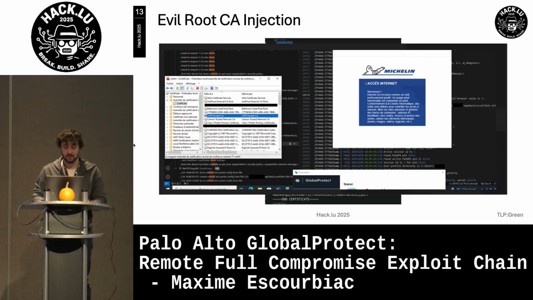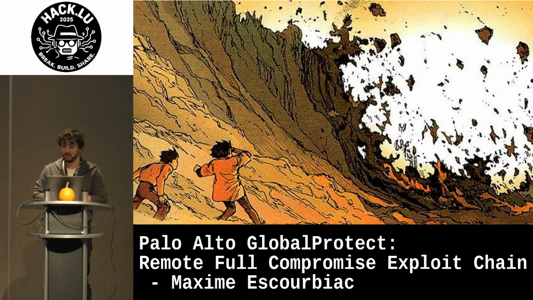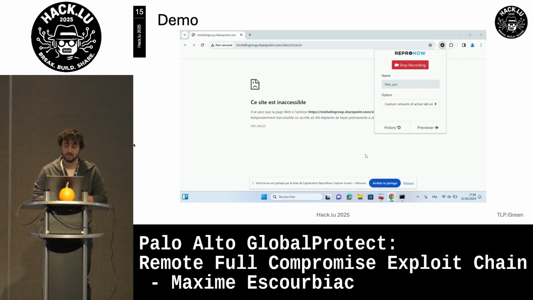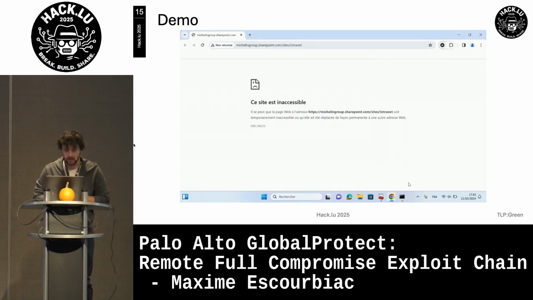So when you try to refresh the connection, if you directly redirect and poison the login.michelin.com DNS entry and redirect to our website, we are able to give the HTA exploit to the embedded browser and trigger the calculator. So just a quick demo before going to the LPE.